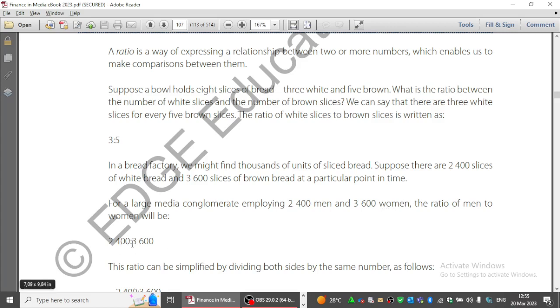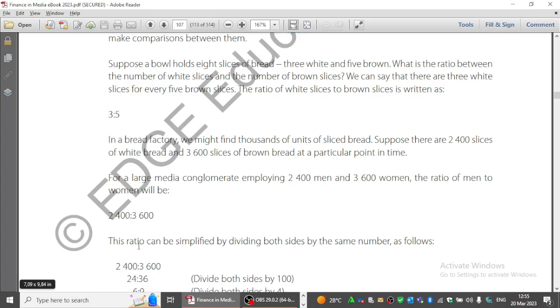The dots that you're seeing here represent division, which can also be represented in other ways. But under this method, we're going to write this ratio as representing 2,400 men and 3,600 women. Meaning that for every 3,600 women there are 2,400 men.